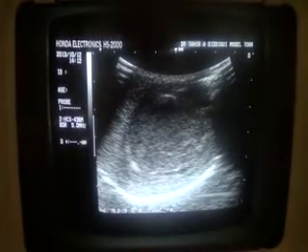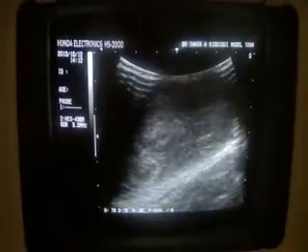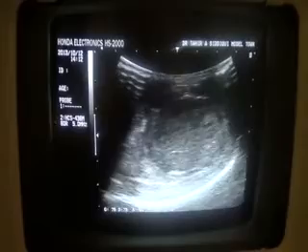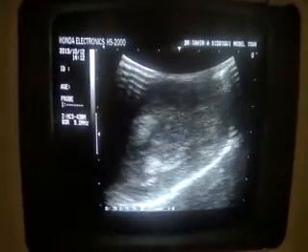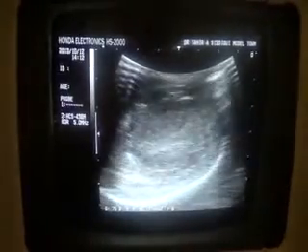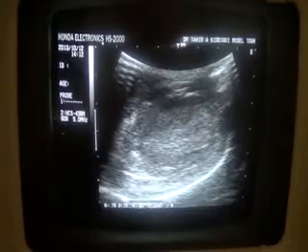This is another lesion, and this is another lesion. You can see that the wall is thick.